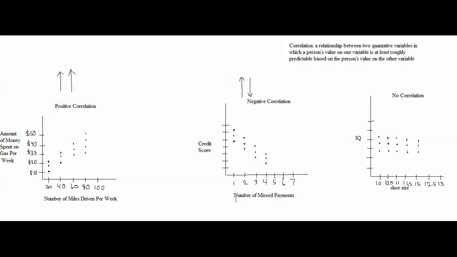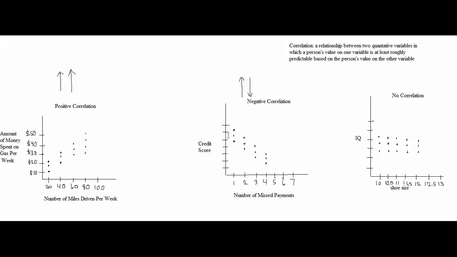If a person tells me how many credit card payments they've missed this year, but that person hasn't told me his or her credit score, I can use the number of missed payments that they've had this year to make at least a rough prediction of what their credit score is. For example, if a person tells me that they've missed 0 payments this year, I'll think, okay, their credit score is probably pretty good.